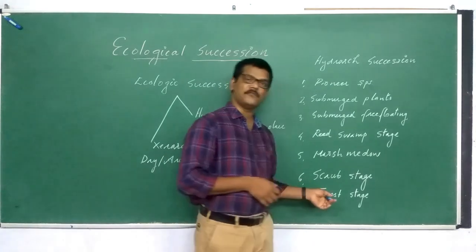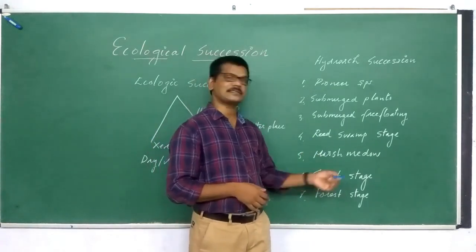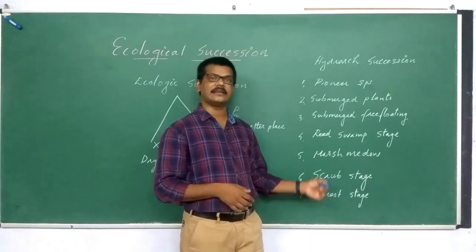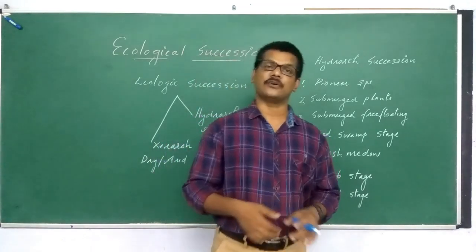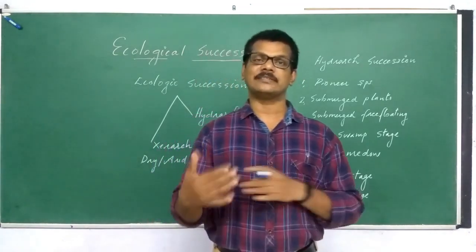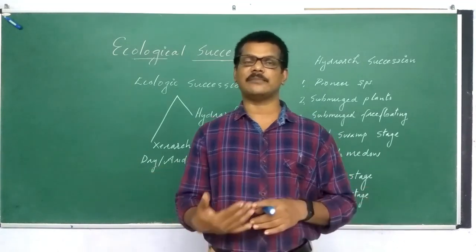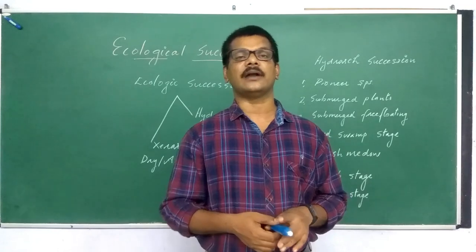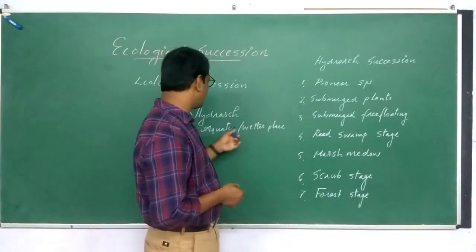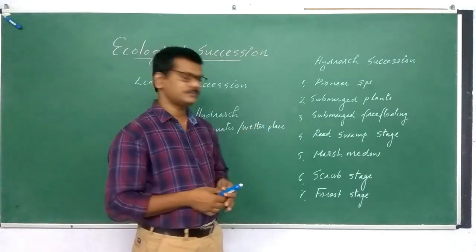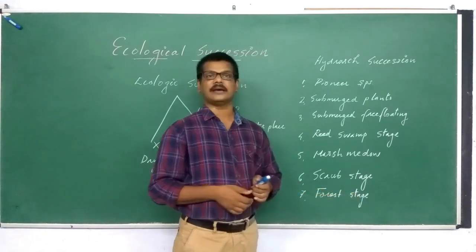So this means the forest is the stable community and it is the climax community, established there, and further change in that community is not expected. Otherwise, if there is some interaction with human beings or some natural calamity, then only will this community undergo change. So the aquatic habitat is replaced by a mesic habitat.